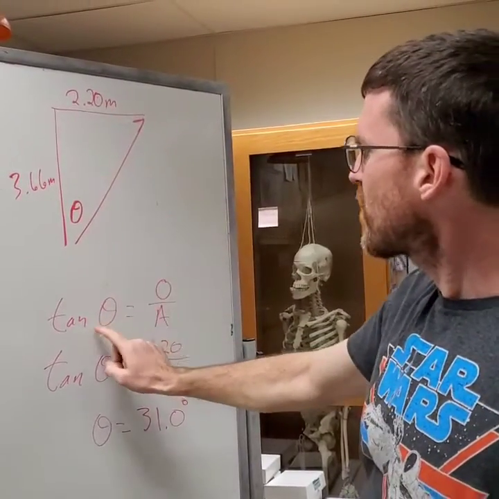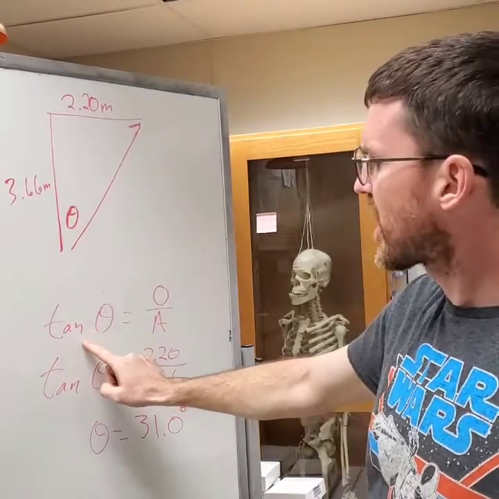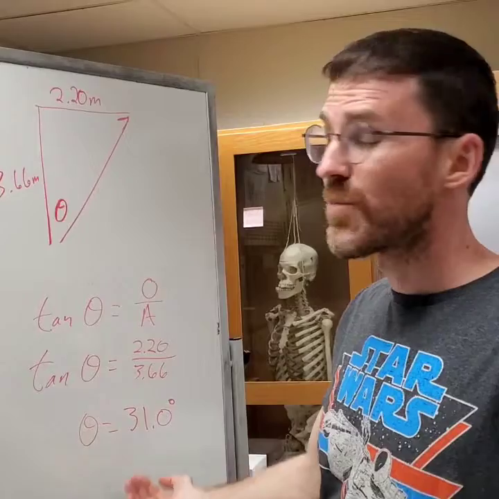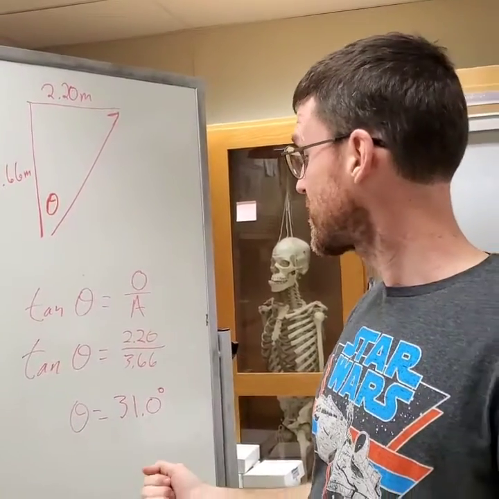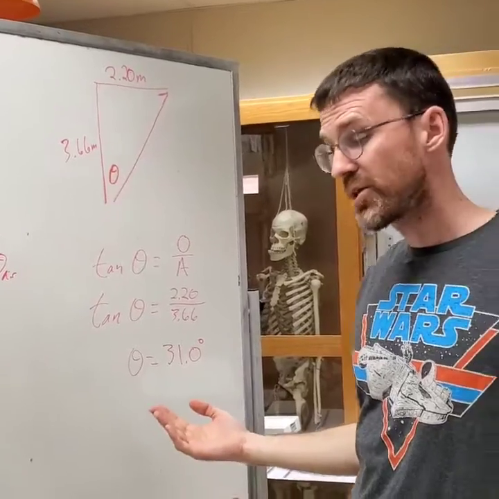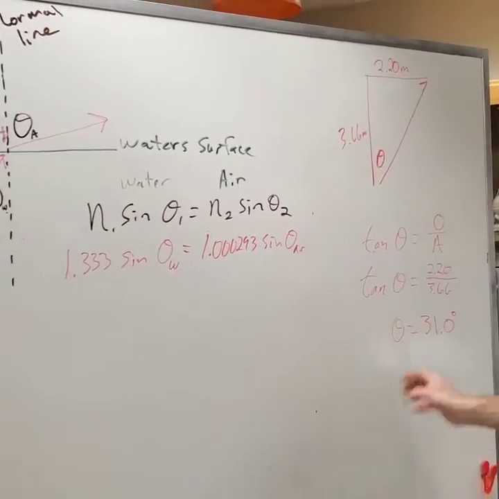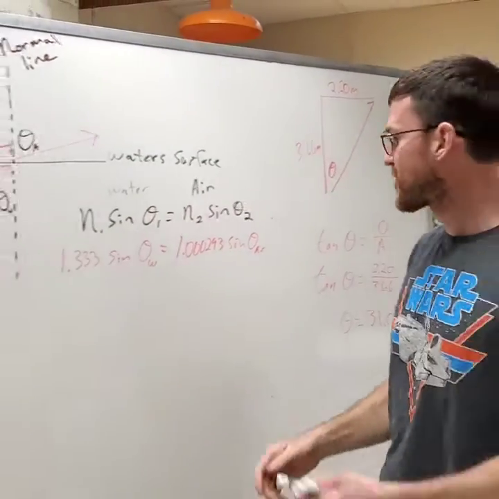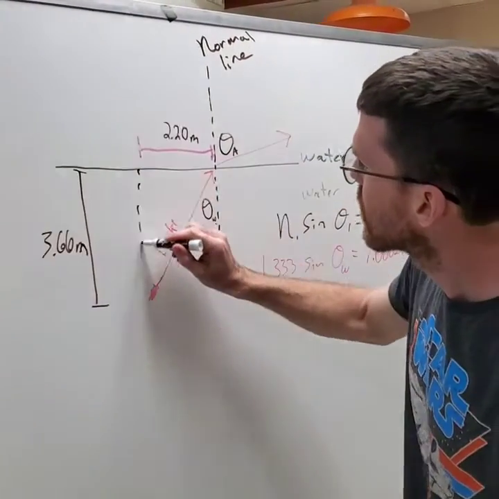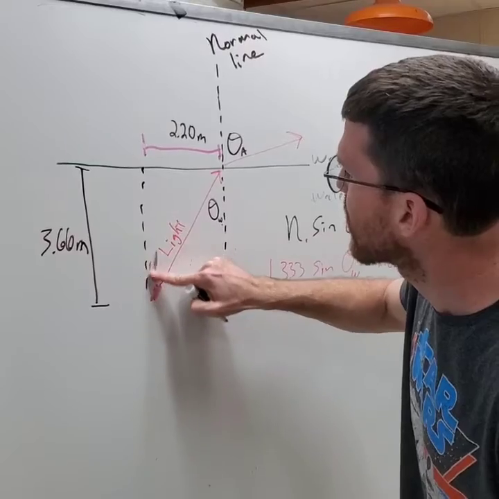We can use our basic trig, tangent, opposite over adjacent, and when we solve, make sure your calculator is in degrees, we get an angle of 31 degrees. Although if you wish radians, you may use radians. Do what you love. So we just found this to be 31.